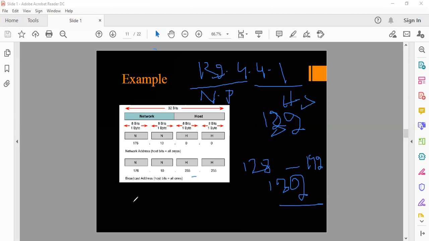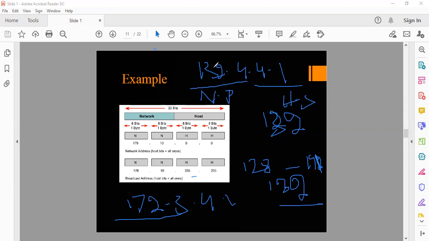Suppose it becomes 172.3.4.1, it is also class B IP addressing because 172 lies between 128 to 191. Similar is the case.